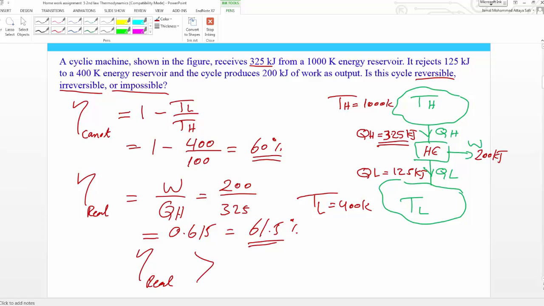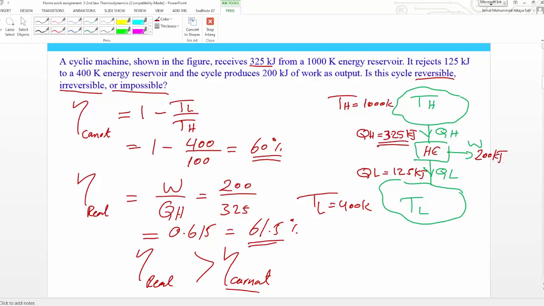Now, if you compare those two, you know that the efficiency of the real one is larger than the efficiency of Carnot. And we know that cannot happen, because according to what we have learned, according to Carnot, the best and highest efficiency heat engine that you can connect between those two reservoirs will have the efficiency of a Carnot.